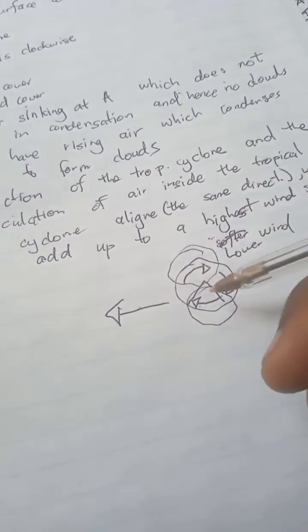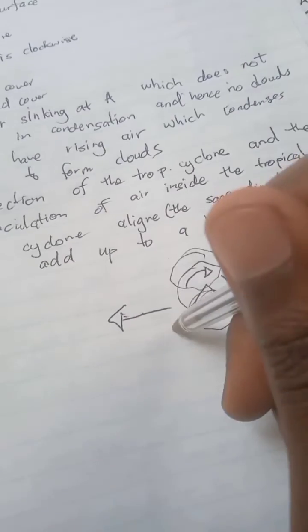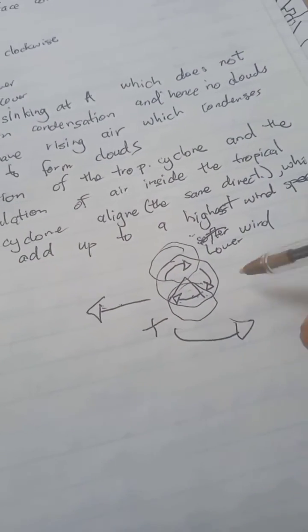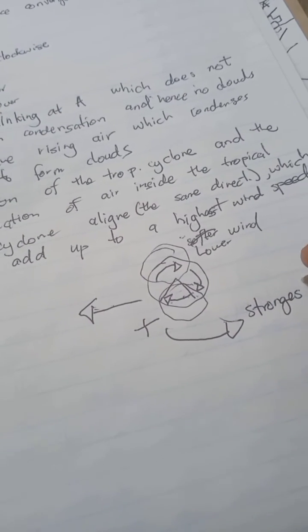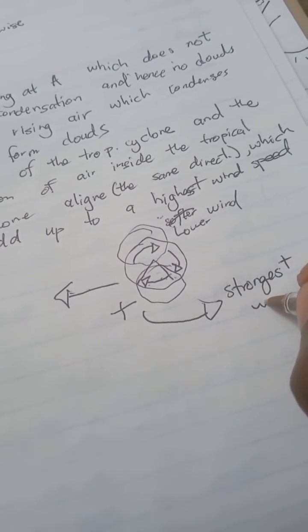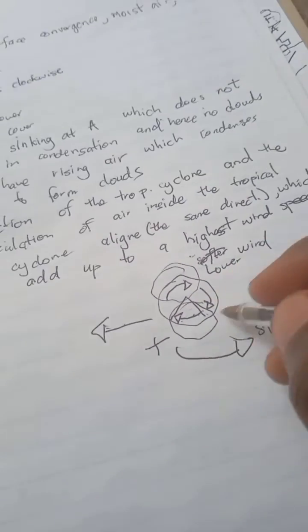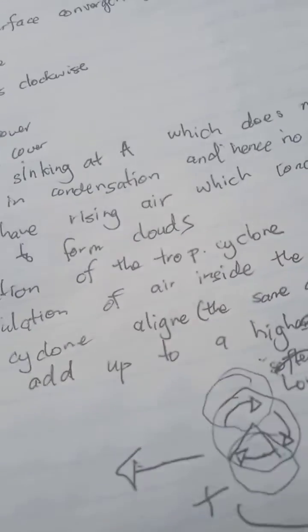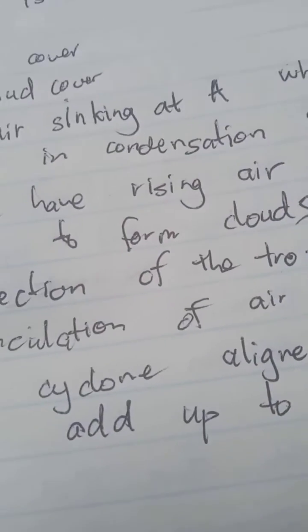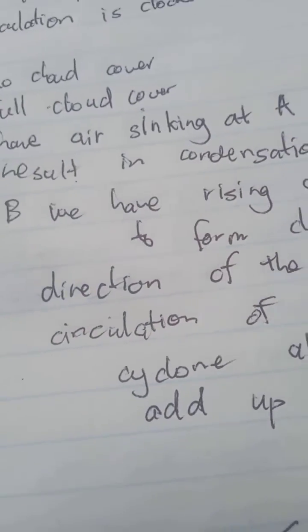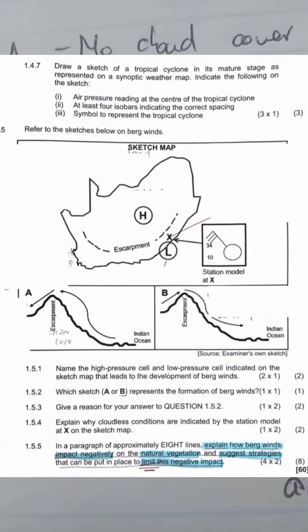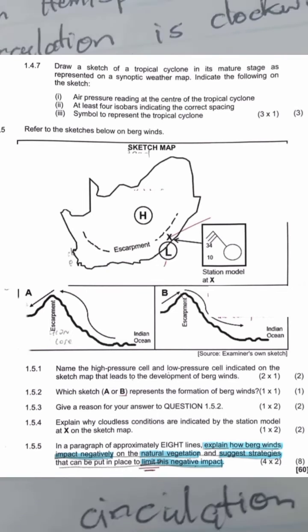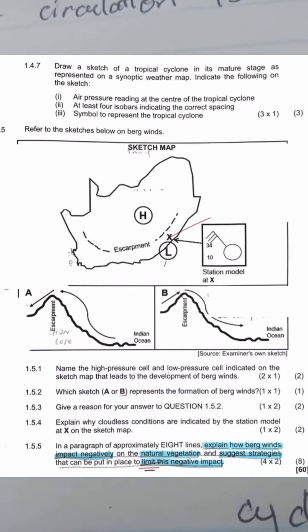So you add both of these two, and that of course results in the strongest winds that you have in a tropical cyclone. So that is your forward leading left hand quadrant. Oh, that is a complicated word. Let's go to the next question.